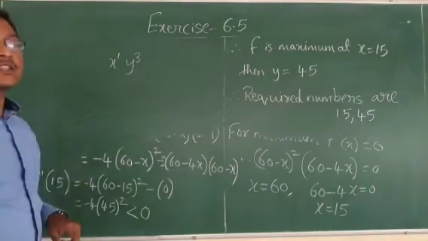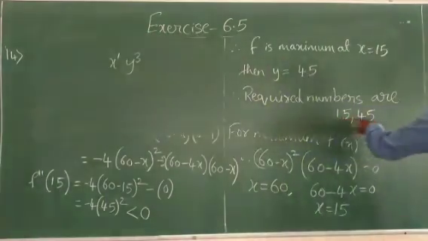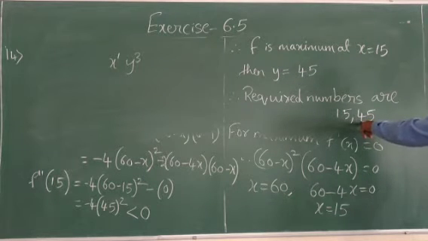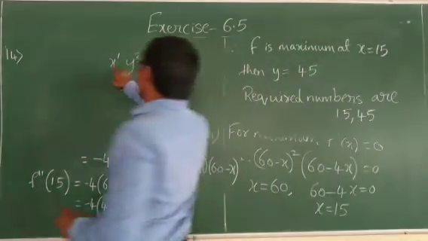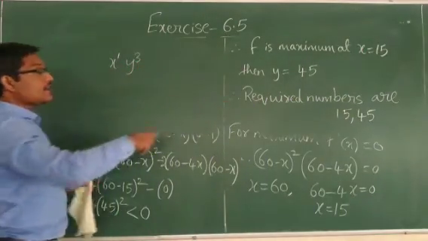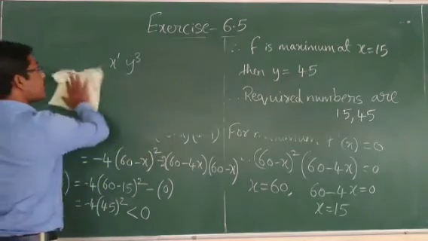So what is possible? X is 15 and y is 3 times x, so that is 3 into 15, 45. That is how you can find the two numbers directly.